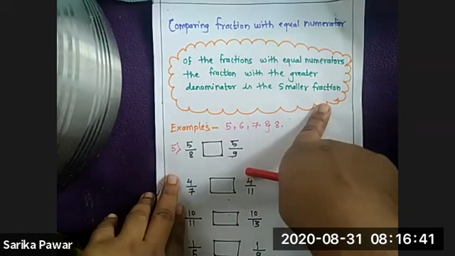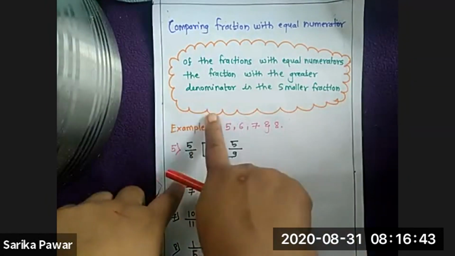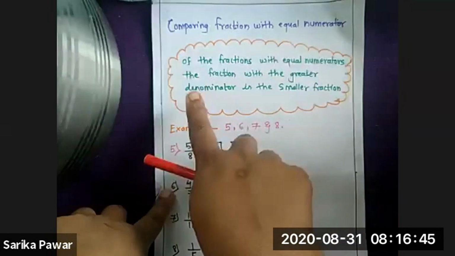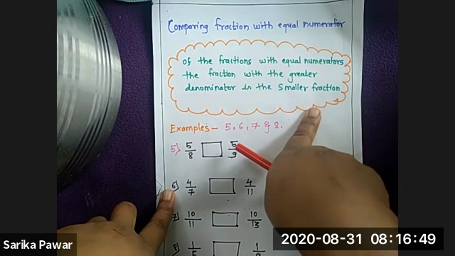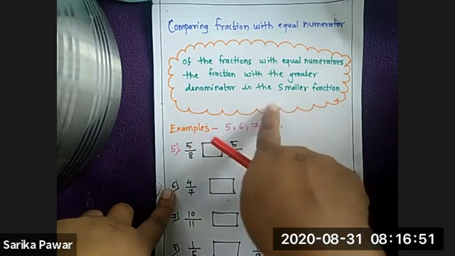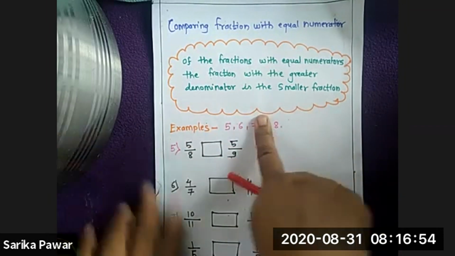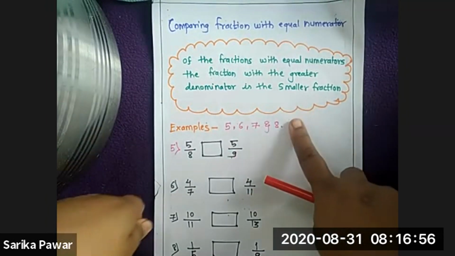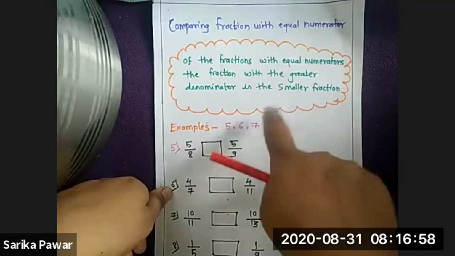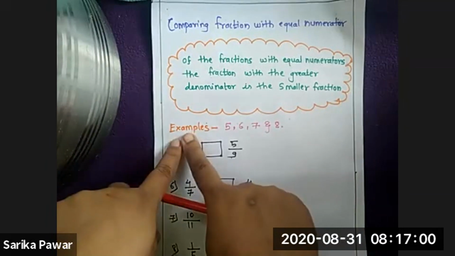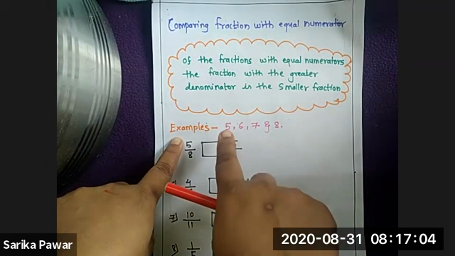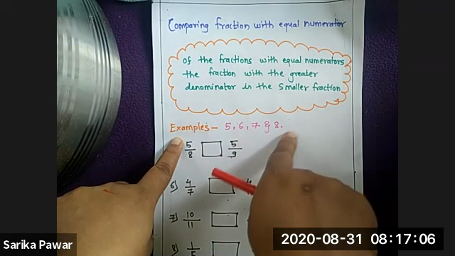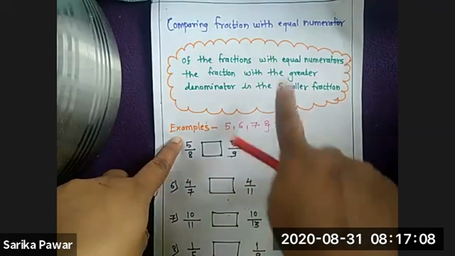So students, here the concept is that greater denominator is the smaller fraction. So don't be confused here. This point you have to remember very well. Most of the students make mistakes in that. So these rules, see there. Example number 5, 6, 7, 8 are following this rule.